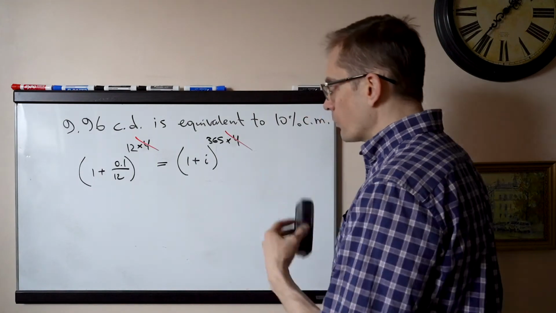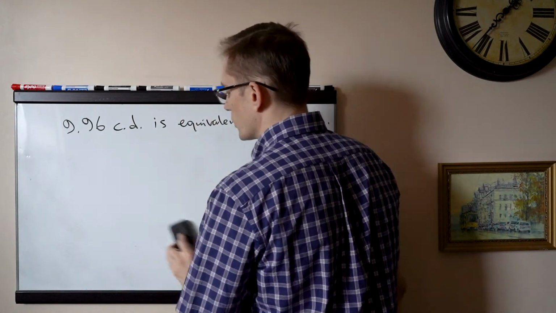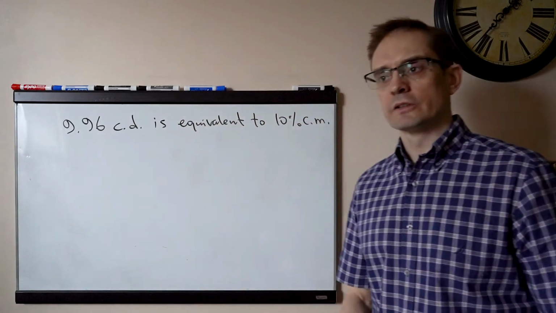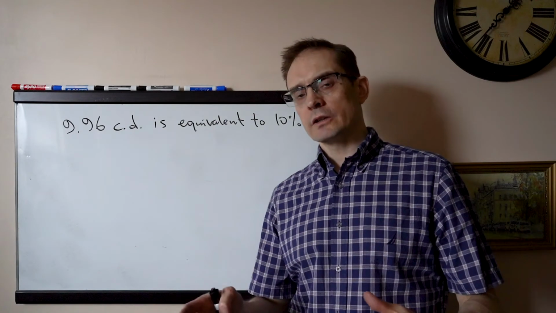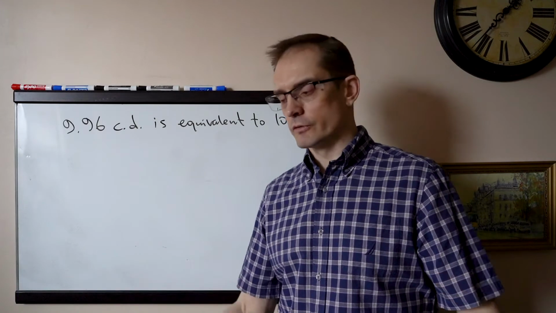So what this shows is that if two compound rates are equivalent over the course of 1 year, they will always be equivalent for any amount of time.